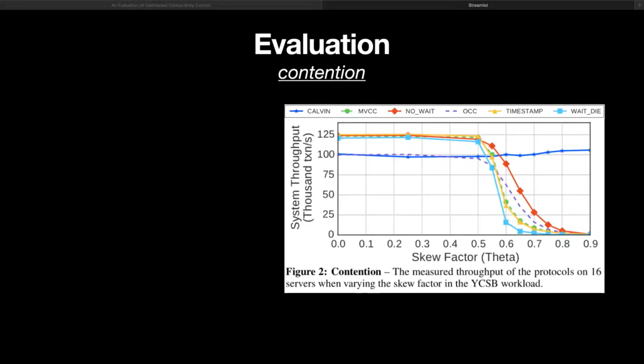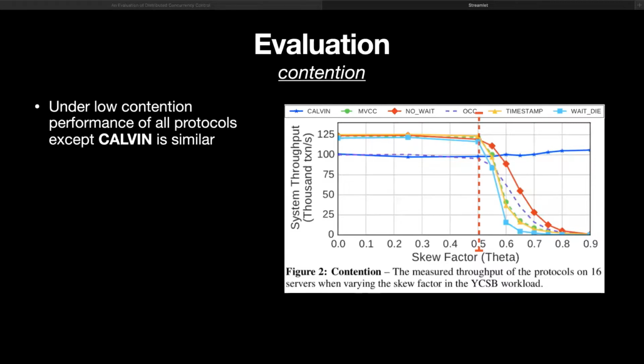As the skew is increased, more and more transactions access the same records. If the skew factor is lower, there is a more uniform distribution of the records that the transactions are trying to touch.